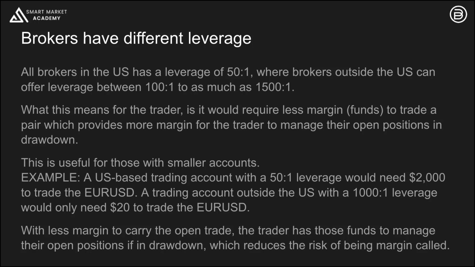That means that with less margin to carry the open trade, the trader has those funds to manage their open positions if in drawdown, which reduces the risk of being margin called. So there is that benefit of having a higher leverage.